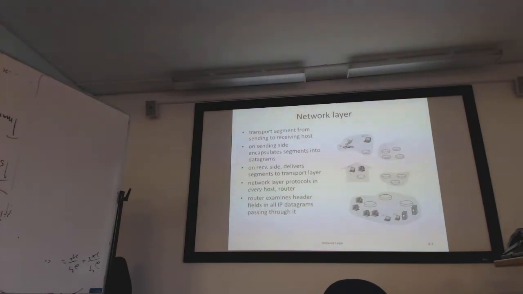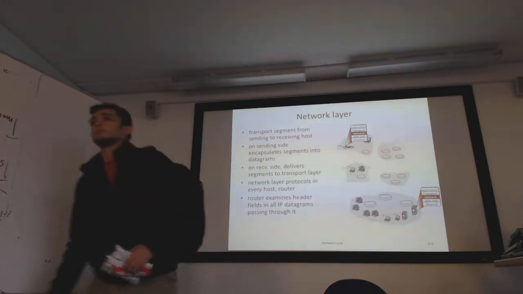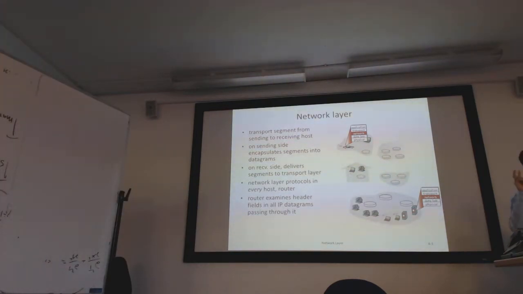So I think by now you remember the encapsulation process and how a datagram can be passed on from a source to a destination. Mainly the transport segment, coming from your 4th layer, will be passed on from the transport layer towards your network layer, i.e. passing on the actual segment. And therefore, on the sending side, it encapsulates that segment by adding a datagram header, creating what we call a datagram.